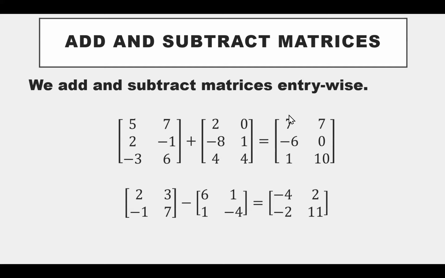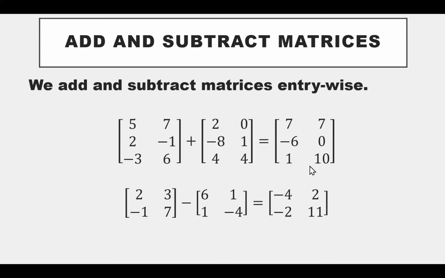of my resulting matrix. So 5 plus 2 gives me 7. 7 plus 0 gives me 7. 2 plus -8 gives me -6. -1 plus 1 gives me 0. -3 plus 4 gives me 1. 6 plus 4 gives me 10.